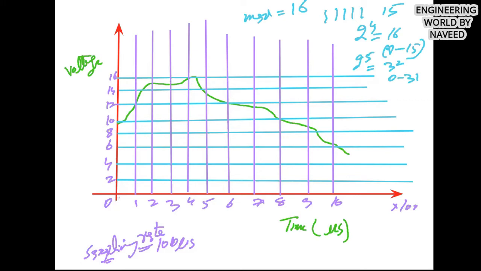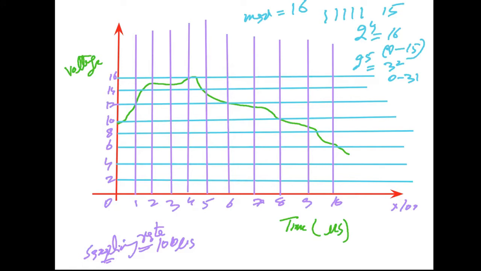Over here I will take a sample, because the sampling rate is 100 microseconds. So here I take a sample, and that is 12, which is in decimal.